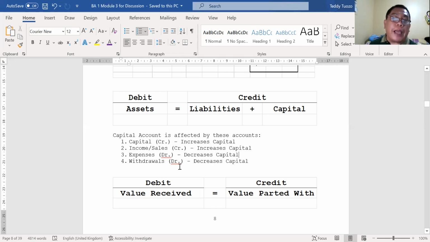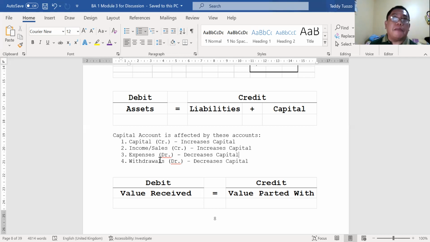And then for expenses and withdrawals, since they decrease capital, but the normal balance is debit, no? If debit is the normal balance, decreases are always on the credit or a credit entry, while capital or income decreases are debit entries. So if the account is decreased by the transaction, and the normal balance is debit, the entry should be credit.